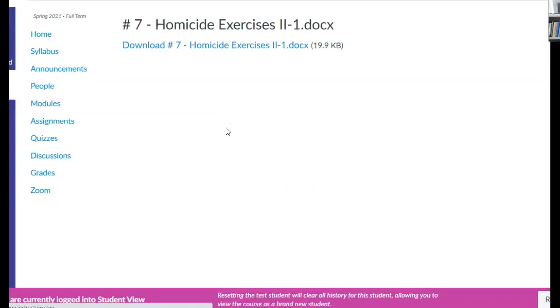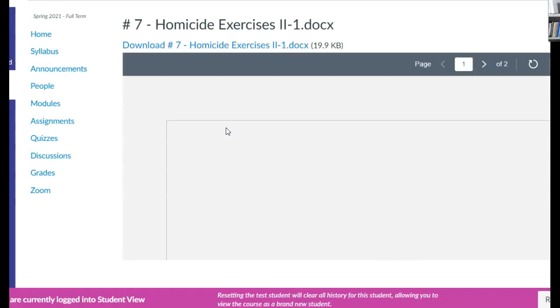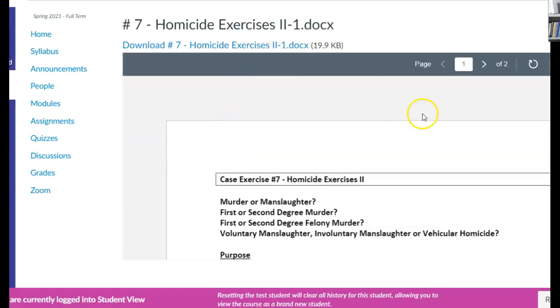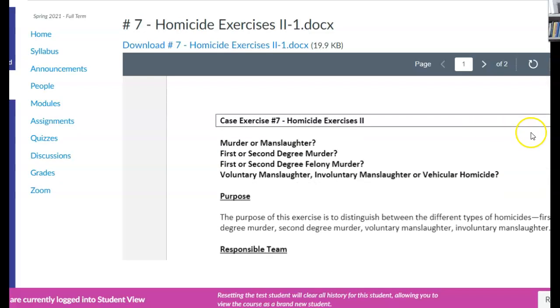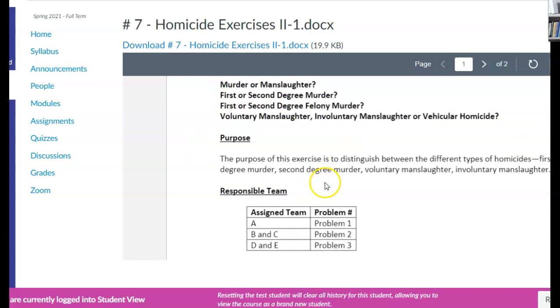So here's case exercise number 7, which is homework number 14. The purpose is for you to get some practice in differentiating between innocent and criminal homicides.